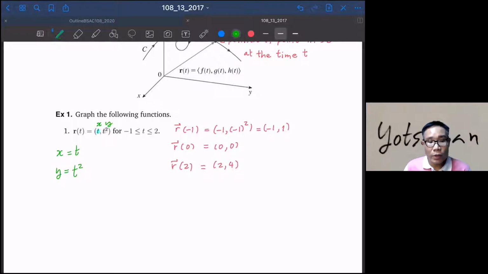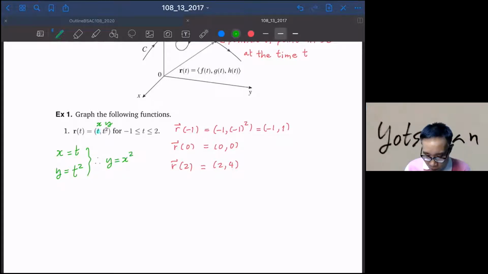What does it mean? It means that you can relate y in terms of x. So with x equal to t and y equal to t squared, you have y equal to x squared.